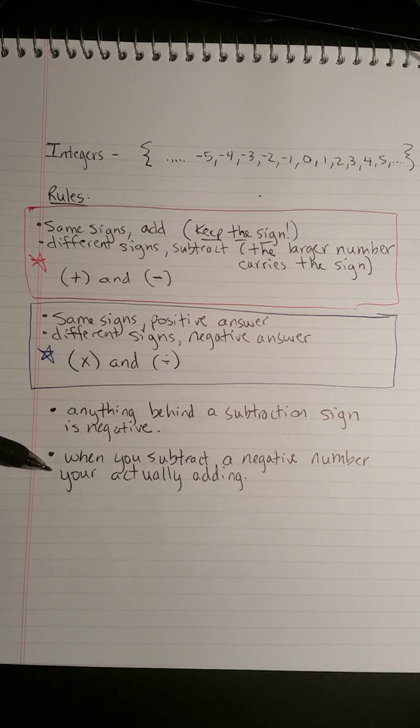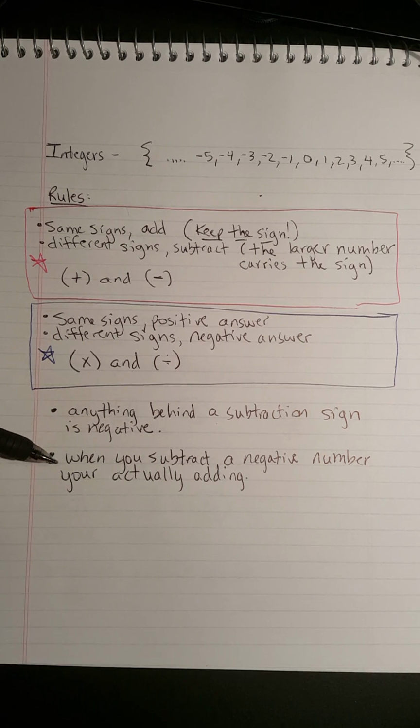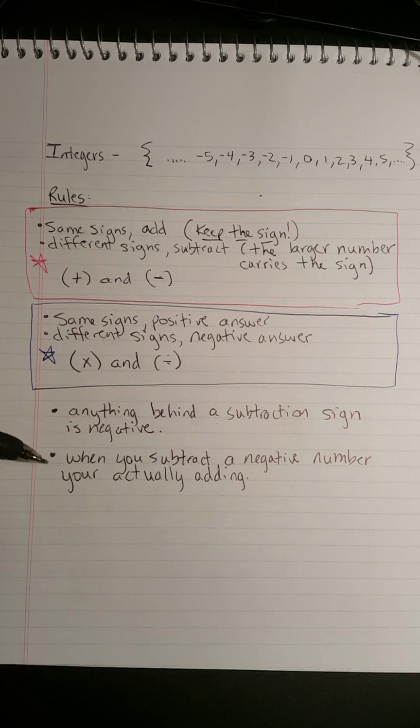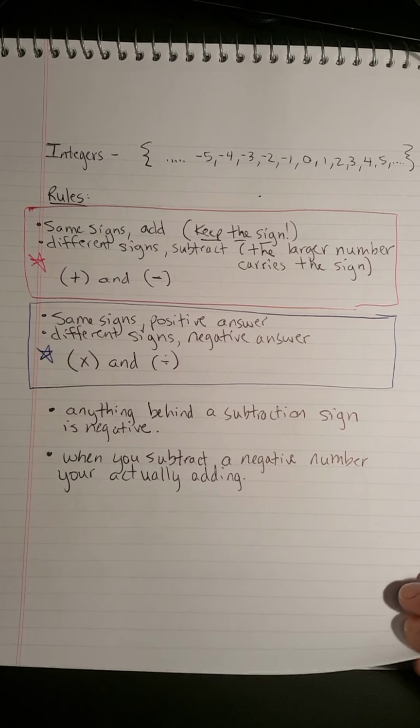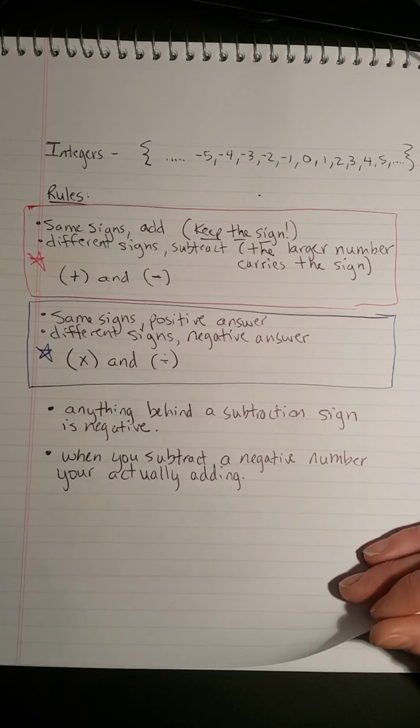And the last thing to focus on is that when you subtract a negative number, you're actually adding the number. We'll get to these two when we're doing our practice work, in the next video. But for right now, we're going to focus on the multiplication and division rules. Okay, let's get started.